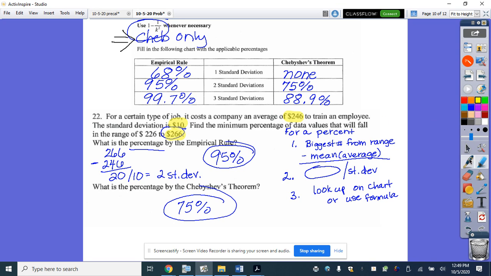So I'm going to do 266 minus 246, which is 20, divided by the standard deviation, which is 10. So that tells me I have 2 standard deviations, and it asks me for the percentage for empirical rule. So I go up here and say 2 standard deviations for the empirical rule is 95%. The percentage for 2 standard deviations for Chebyshev's is 75%. Okay, so those have not changed.